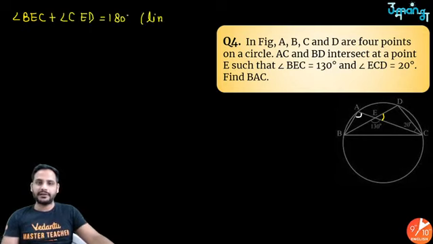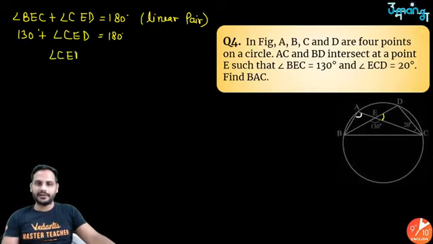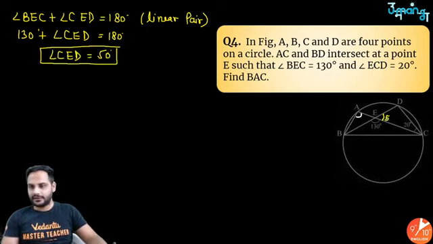The reason being linear pair. So BEC is 130 degrees plus angle CED is equal to 180 degrees. So you got angle CED as 180 minus 130 is equal to 50 degrees. So this angle is 50 degrees.